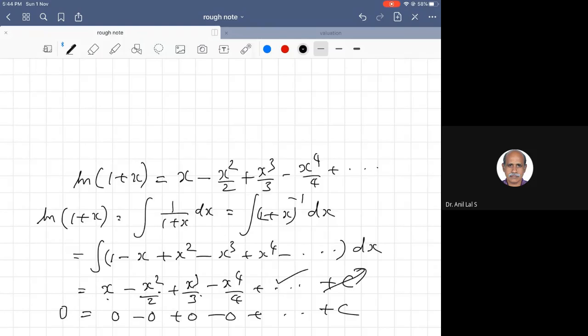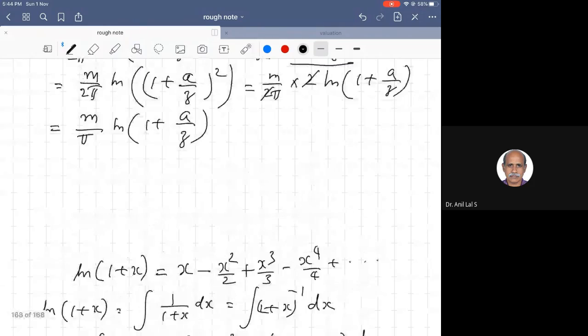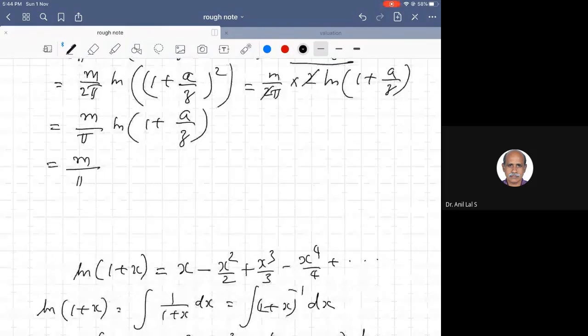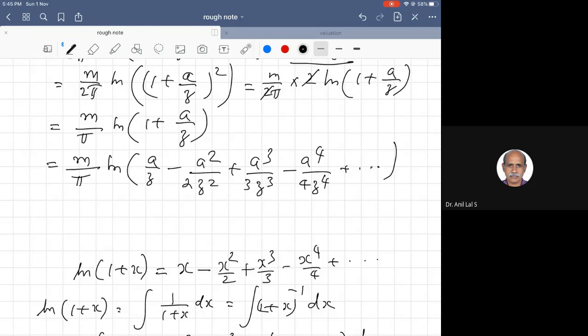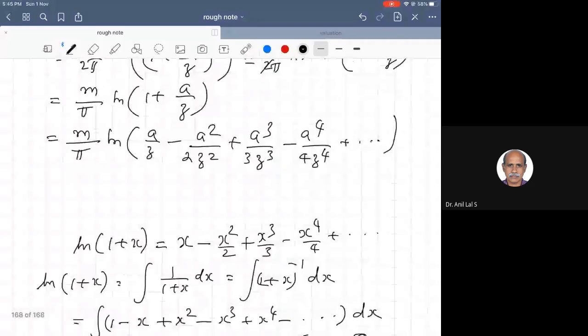So we will write m by pi logarithm of 1 plus a by z is equal to a by z minus a squared by 2z squared plus a cubed by 3z cubed minus a raised to 4 by 4z raised to 4 plus etc.